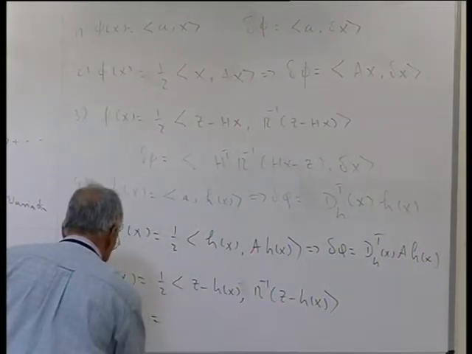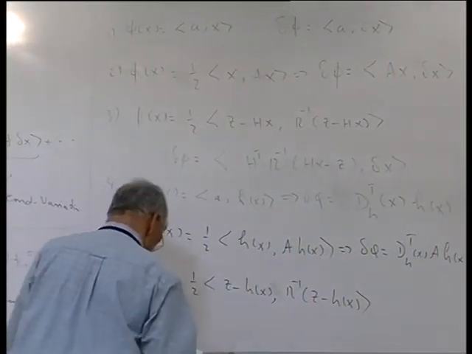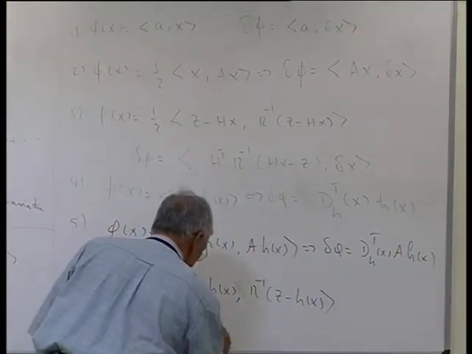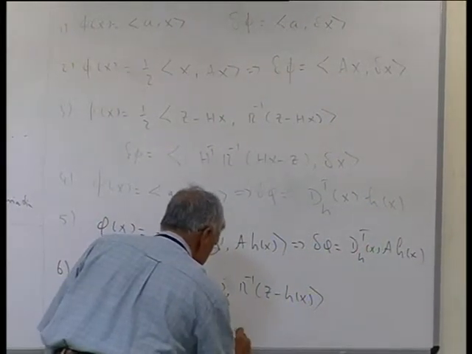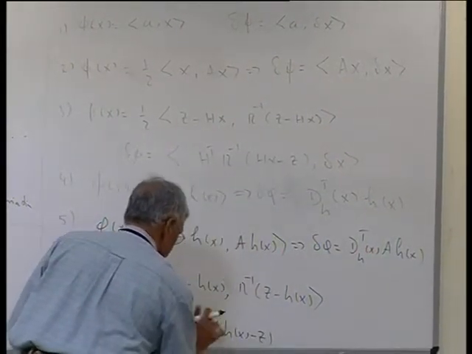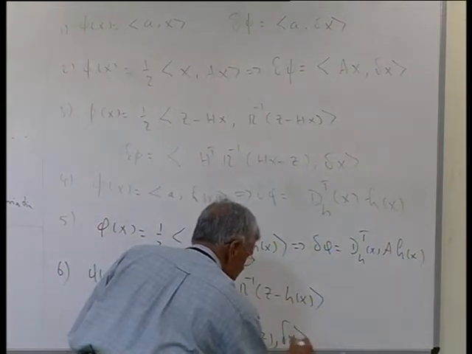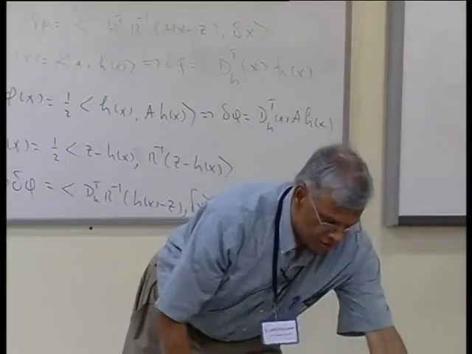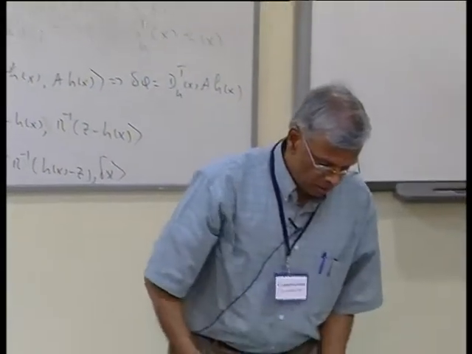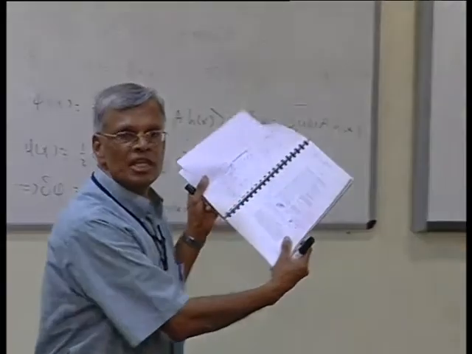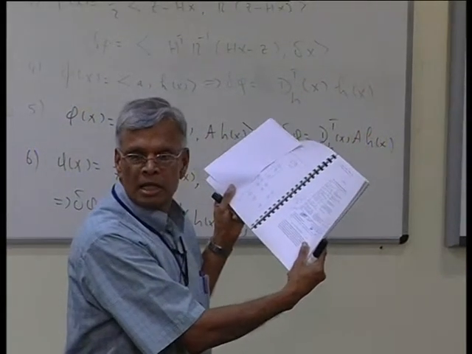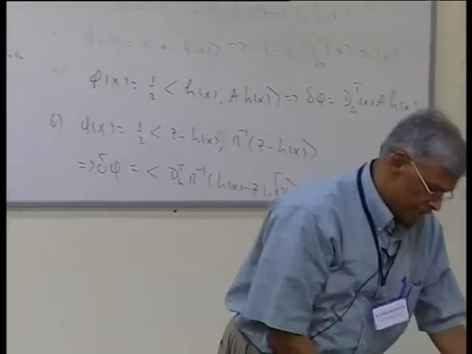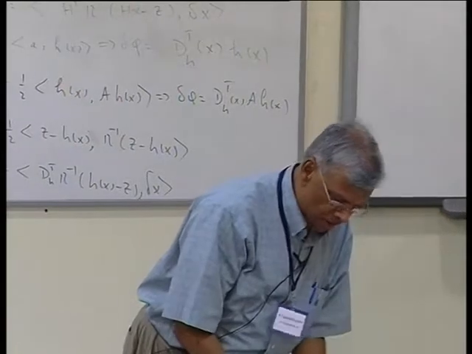Then del phi is equal to dh transpose R inverse, h of x minus z, delta x. These formulas are your best friend when you do this, and I want you to remember them. All of these formulas are tabulated in Appendix C, of which you have a copy already. It is on page 721, Appendix C, Taylor series expansion and first variation. So all these things are tabulated.